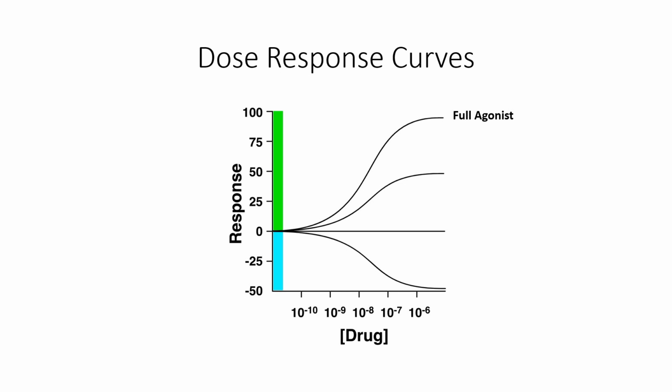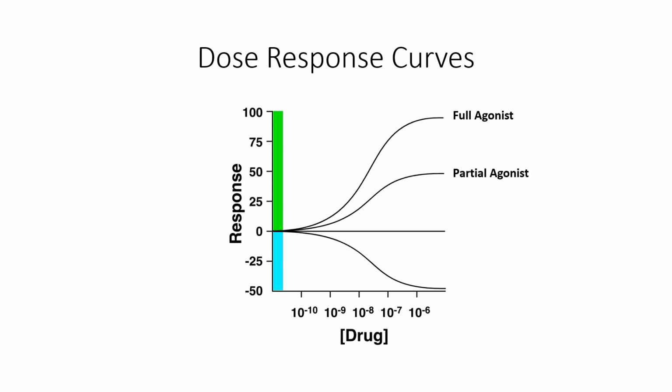On the other hand, if we bind a drug to a G-protein coupled receptor and we measure the signaling output to be half the maximal response, we call these drugs partial agonists because they are not turning on the receptor fully. A partial agonist might also be defined as a drug that could turn on the receptor to 75% or 25%.